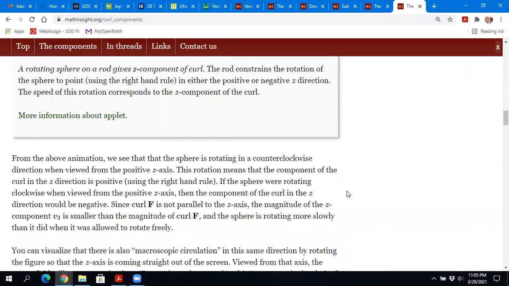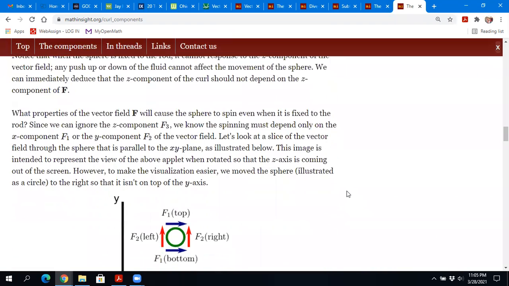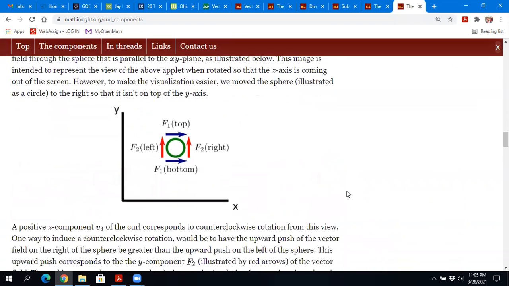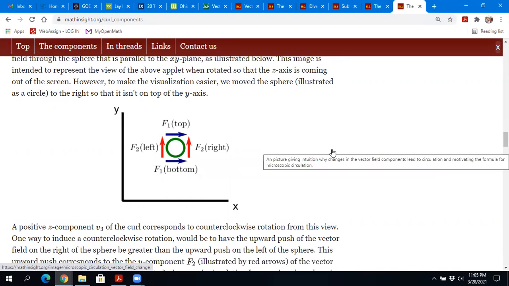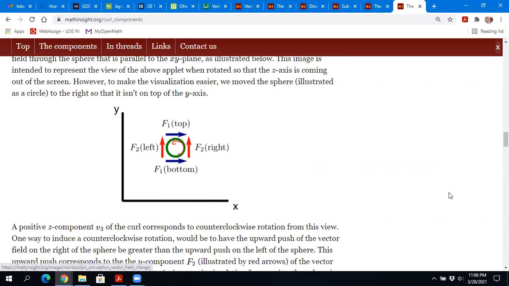Okay, and then what you do is you look down in the xy plane. So here's this thing, it's anchored there. You look down in the xy plane and you say, okay, what could cause it to rotate in this direction? Well, look, I know that I have these F1 and F2, right? Because I had capital F equal to F1, F2, F3.